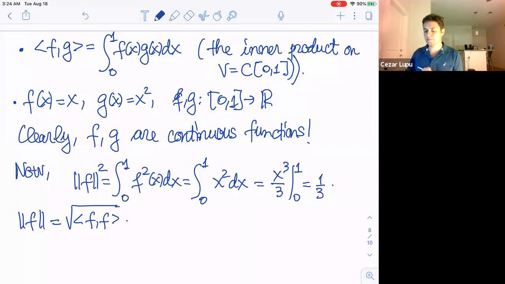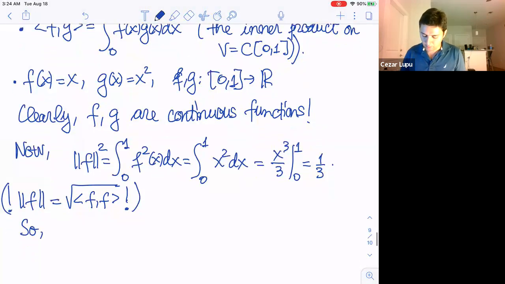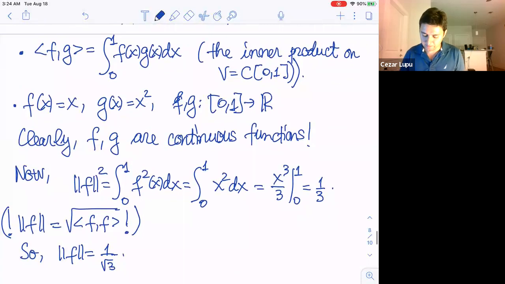We've said this. So this implies the norm of f, if we take the square root, is nothing else than 1 over the square root of 3. Okay, that's the first part.